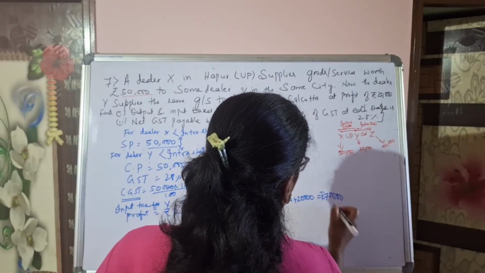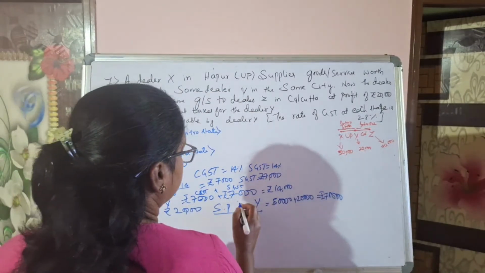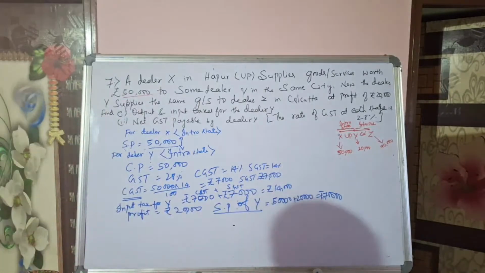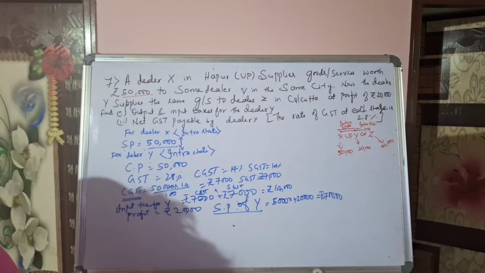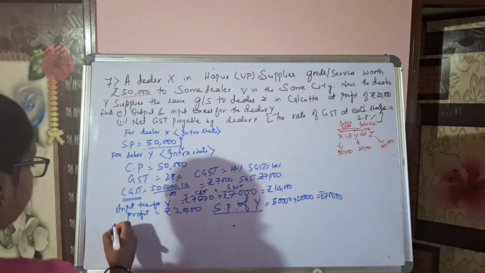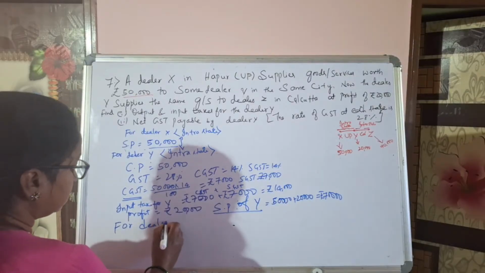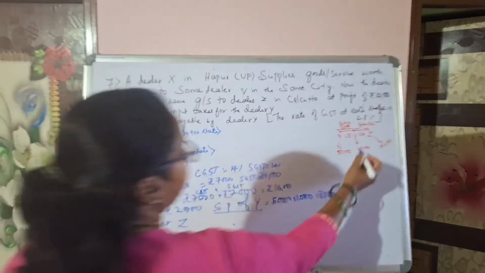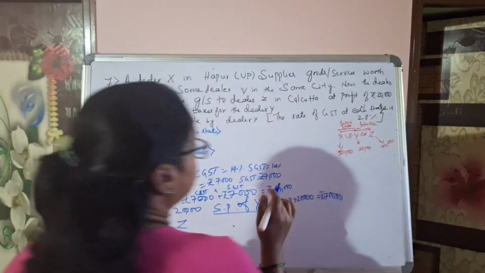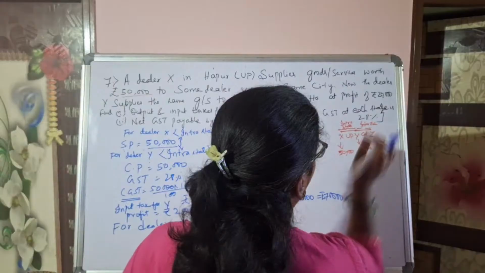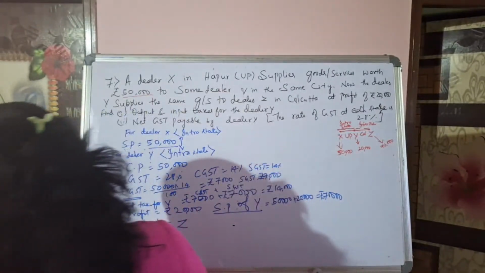So this 70,000 is the selling price of dealer Y. And for dealer Z, as I have already explained, the transaction is between UP and Calcutta. Then it is an interstate transaction.